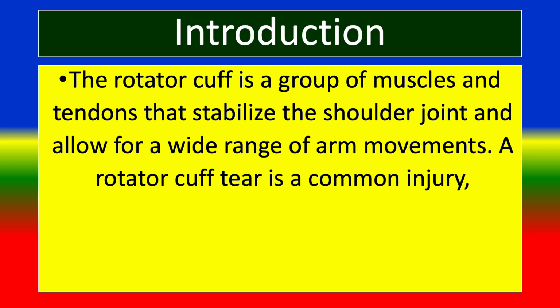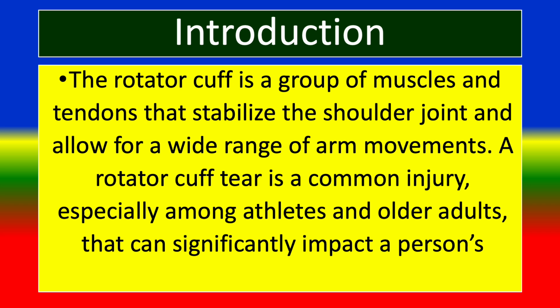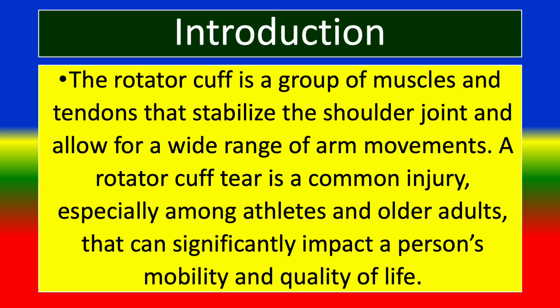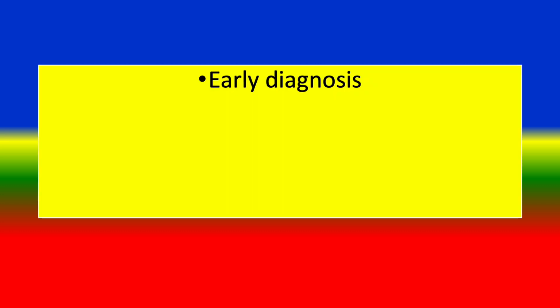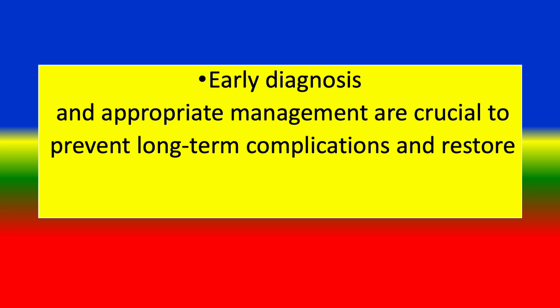A rotator cuff tear is a common injury, especially among athletes and older adults, that can significantly impact a person's mobility and quality of life. Early diagnosis and appropriate management are crucial to prevent long term complications and restore functionality.